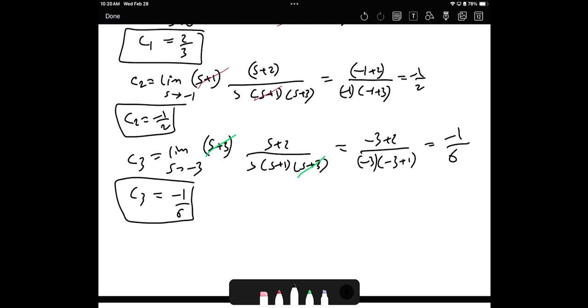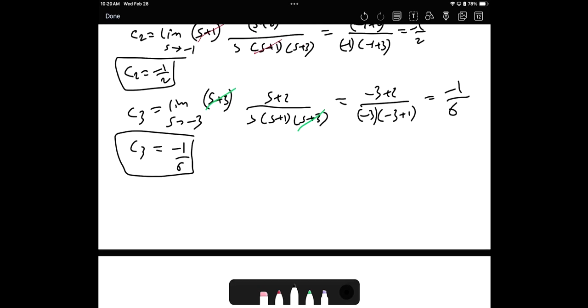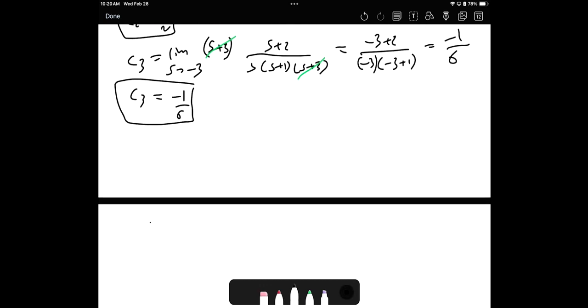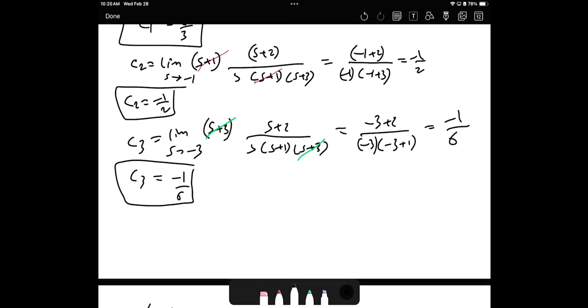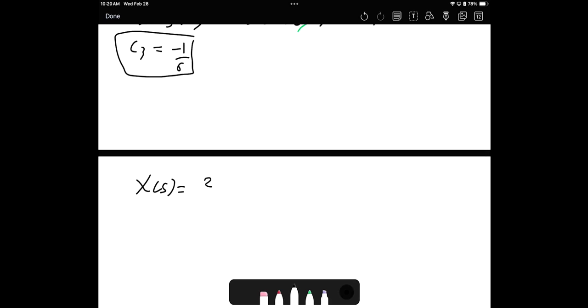Now I'm not done yet. Go back, substitute this in X of s. Then this yields, I can write on the other page, X of s equals C1, which was 2 over 3, times 1 over s, minus 1 half, 1 over s plus 1, then minus 1 over 6 times 1 over s plus 3.